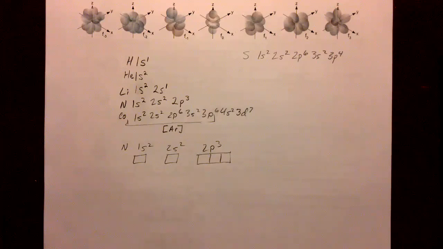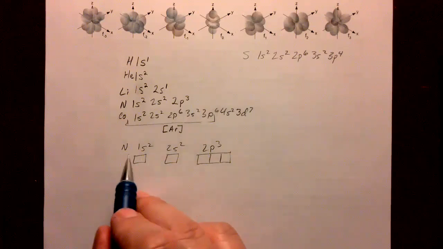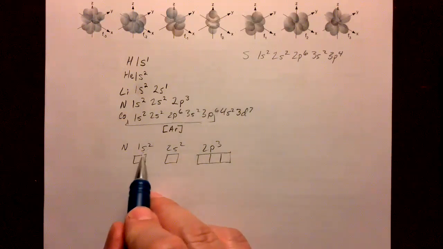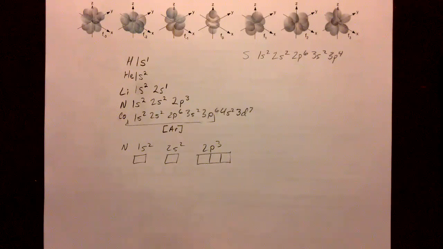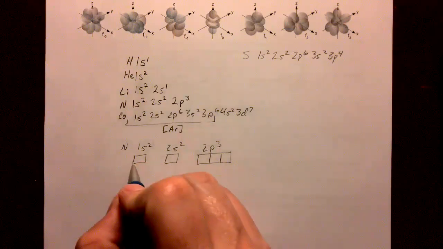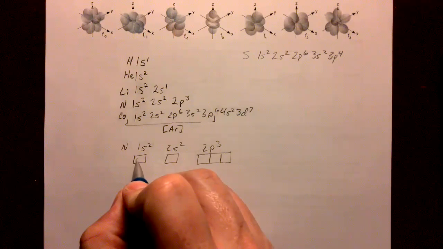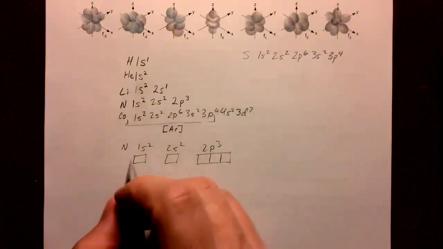However, there is one more wrinkle to this. Nitrogen, for example, has 2 electrons in the S subshell, but electrons have a further characteristic called spin, and they have a magnetic moment, or they sort of have a north and south pole. Why exactly, I don't think I was ever told, but if we accept that they do, then what they want to do is align their north and south poles oppositely as if they were magnets.